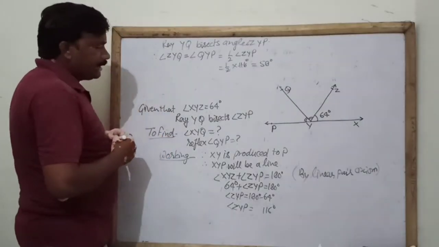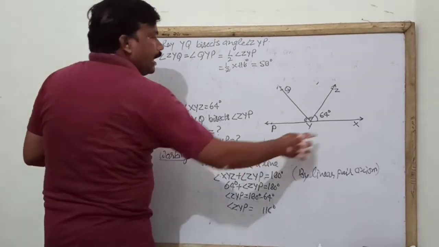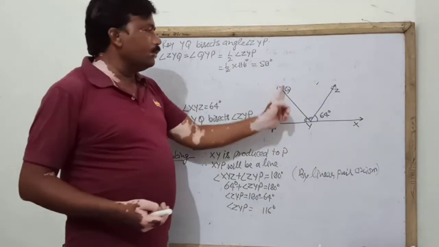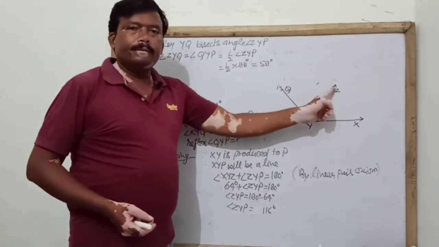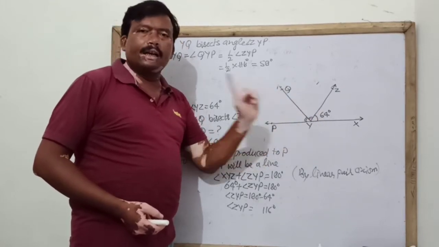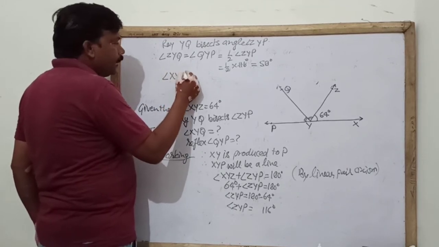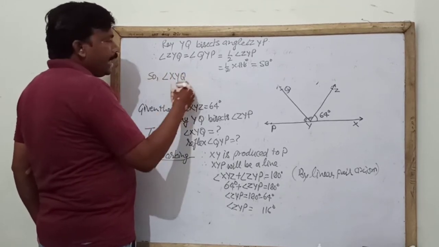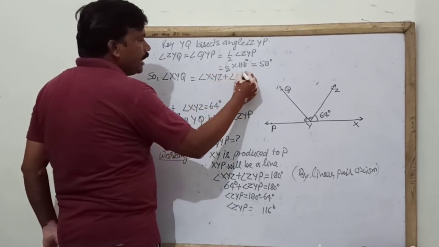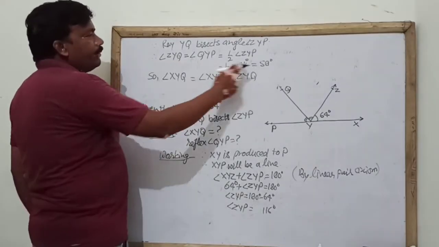The first question was angle XYQ. Now we can find the value of angle XYQ because angle XYZ is given. Angle XYQ will be the sum of these two adjacent angles. So angle XYQ equals angle XYZ plus angle ZYQ, and angle ZYQ equals 58 degrees.